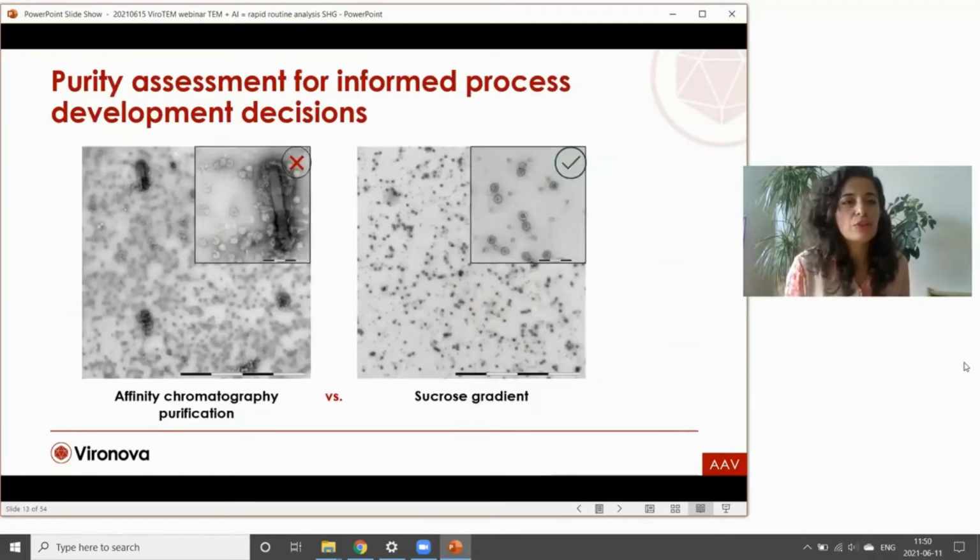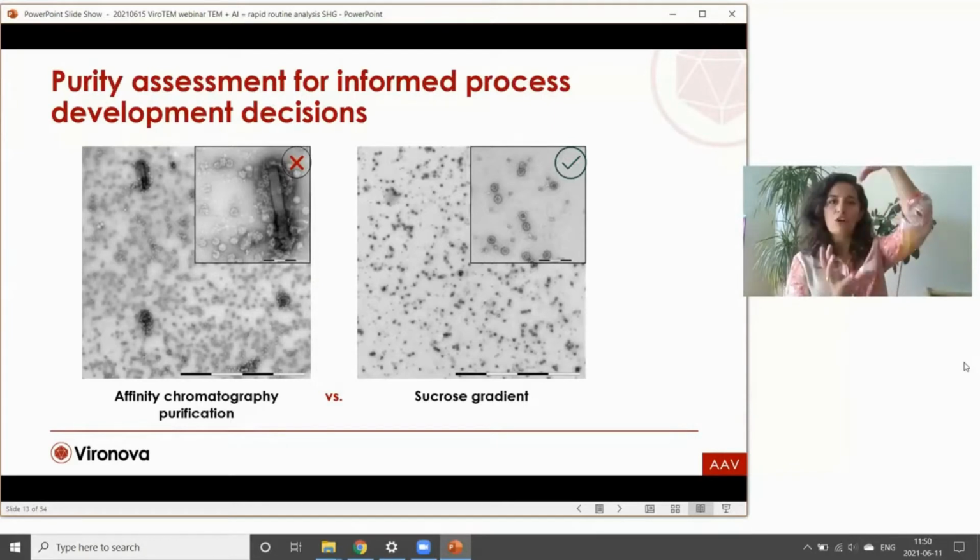You can use TEM for purity assessment to give you informed process development decisions. Here we are looking at a choice of two different purification methods. One to the left is affinity chromatography versus sucrose gradient. You can see that the sample that came out from affinity chromatography purification has baculovirus still there.